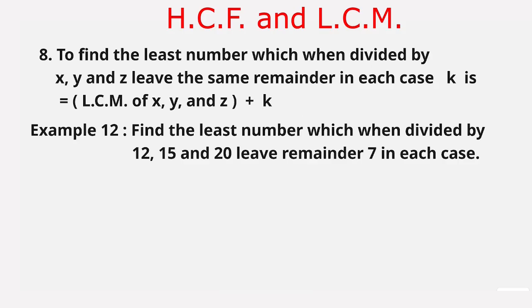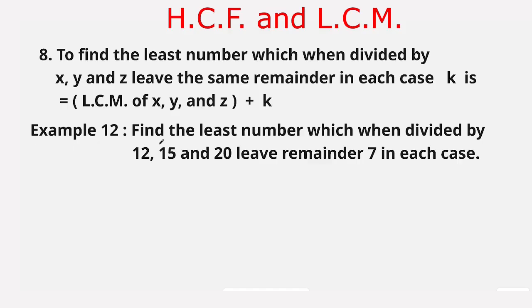In many competitive exams, the questions asked are of this type, in which there are three numbers x, y and z and we have to find the least number which when divided by x, y and z leaves the same remainder, and that remainder is k. To solve such questions, we first find the LCM of x, y and z and then add k to it, and that becomes our answer.